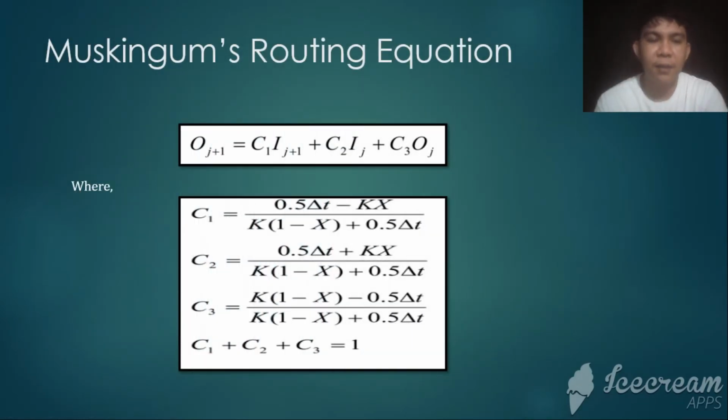So next, we have the Muskingum routing equation. We have O sub j plus 1 is equal to C1 I sub j plus 1 plus C2 I sub j plus C3 O sub j. Then we can calculate C1, C2, and C3 by these equations. Also, if you add C1, C2, and C3, the answer should be 1.